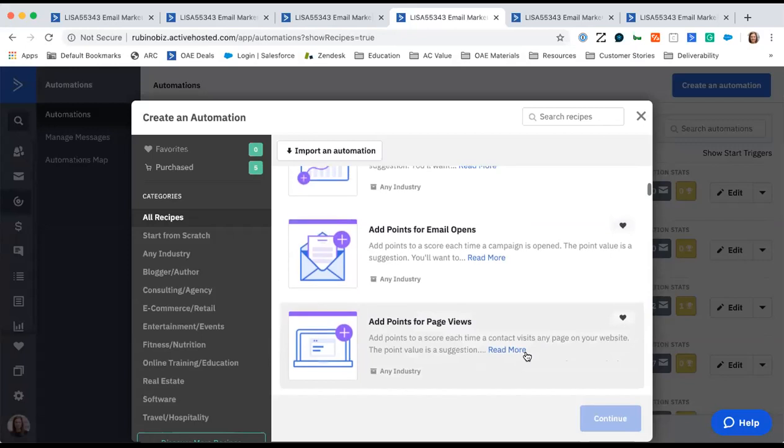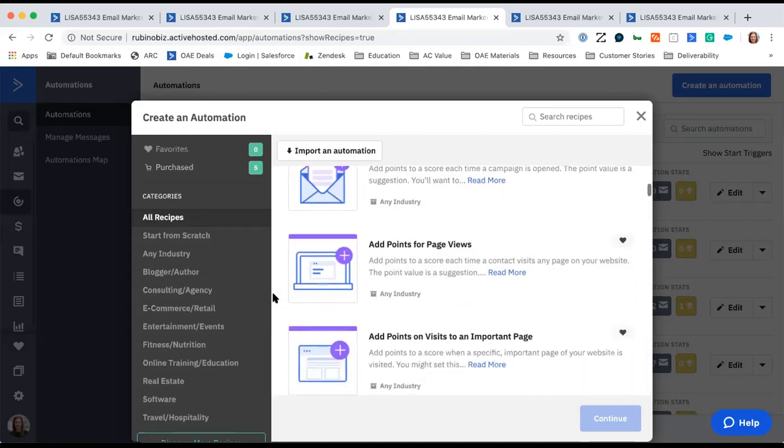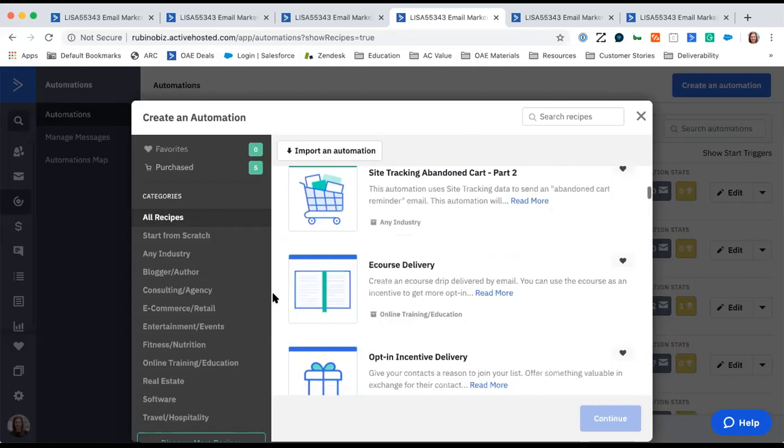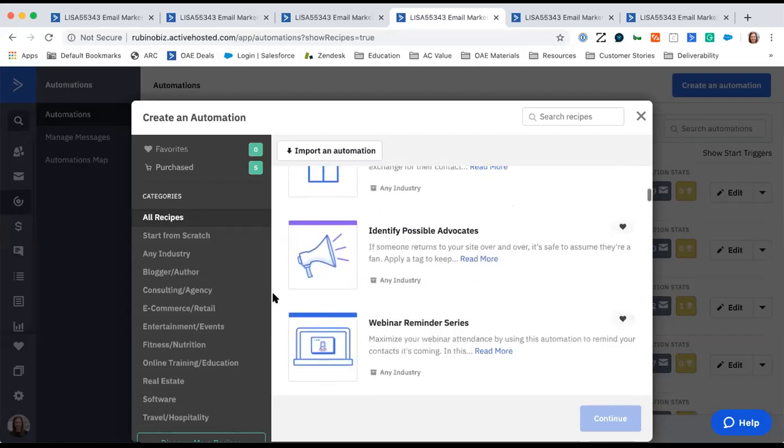And then from there you can notify somebody on marketing or a member of your team to reach out to them. I know we're talking tons of engagement, but it really is for tracking their engagement, and you have full control over how many points you want to assign for a certain action.